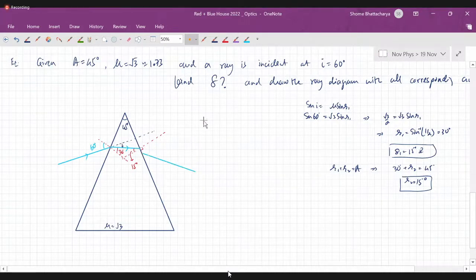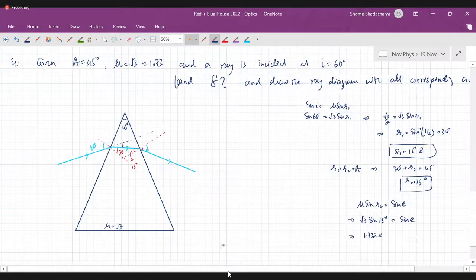Once we have found the angle of emergence, this angle here, this is where I'll use a calculator.